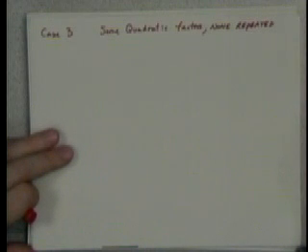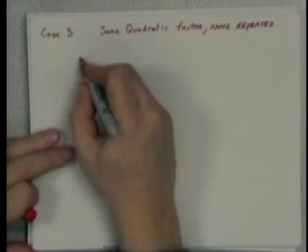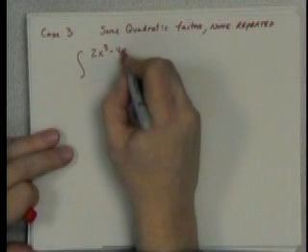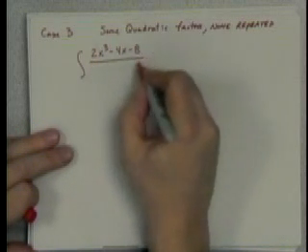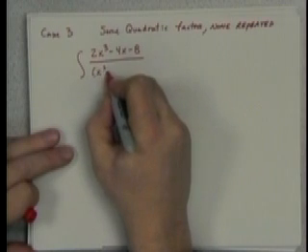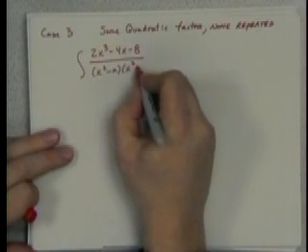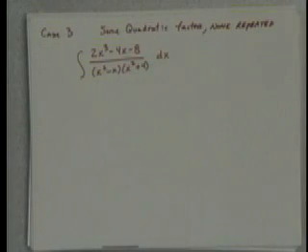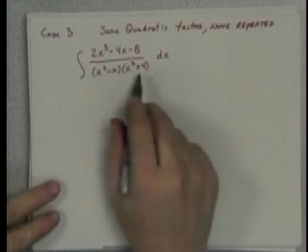Okay, case 3 is some quadratic factors, but none of them are repeated. And when I say quadratic factors, I mean the ones that are irreducible. You're not going to be able to break them down at all. So this is partially factored already.